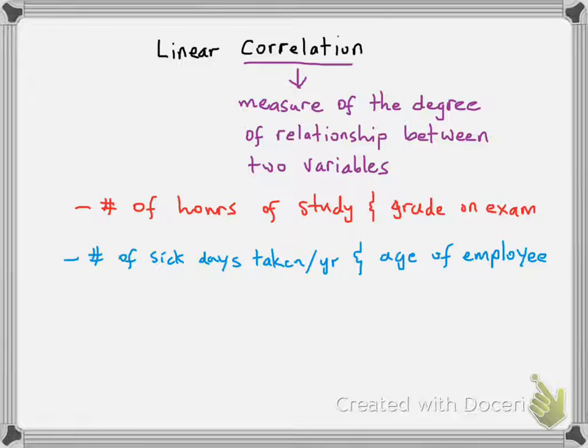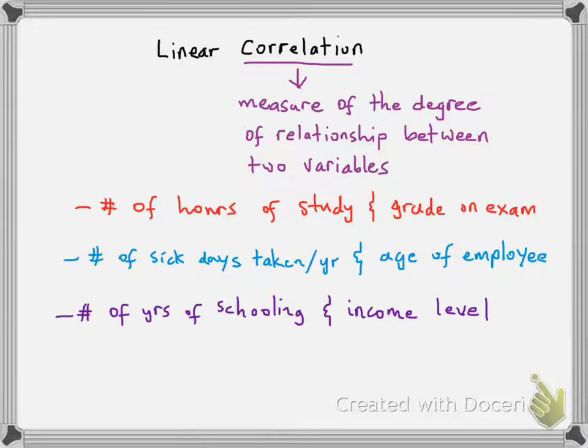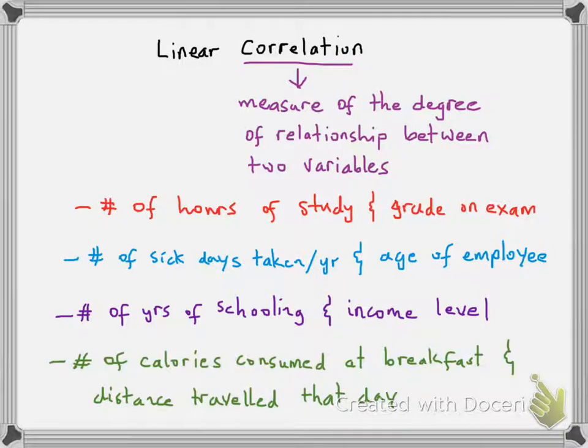That may be something an employer is interested in. Or the number of years of schooling and the level of income a sample of the population earn. Is there some relationship there? Or the number of calories consumed at breakfast on a certain day and the distance traveled that day. Is there a correlation there?